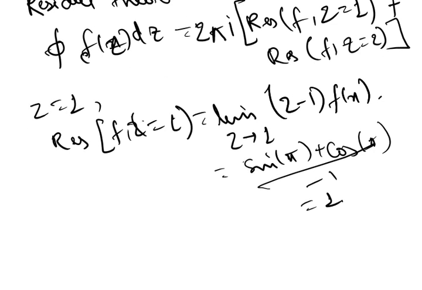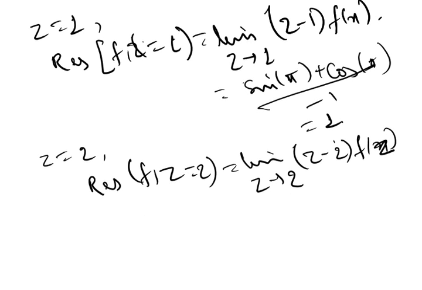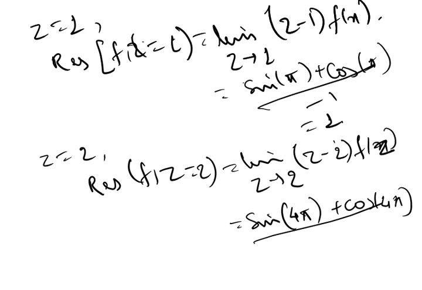At z equal to 2, the residue is the limit as z tends to 2 of (z − 2) f(z). So it will be (sin 4π + cos 4π) divided by 1, so it will come out as 1, right?